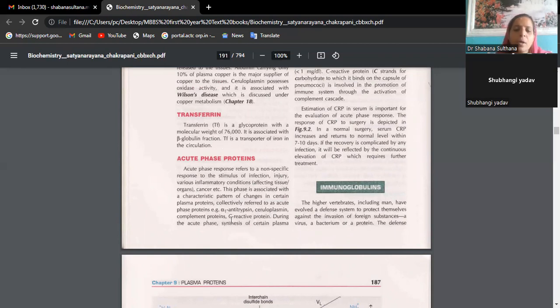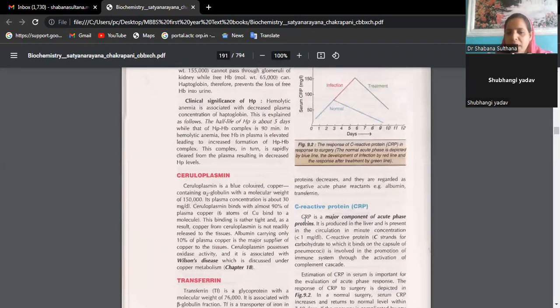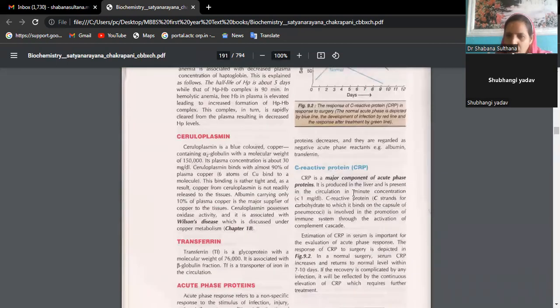Okay. So alpha-1 antitrypsin, ceruloplasmin. Some different shape and structure they will be possessing. C-reactive protein is produced in the liver and it is found in a very small concentration. It is seen normally in the complement cascade. Complement is also like clotting factors, which are 13 in number.